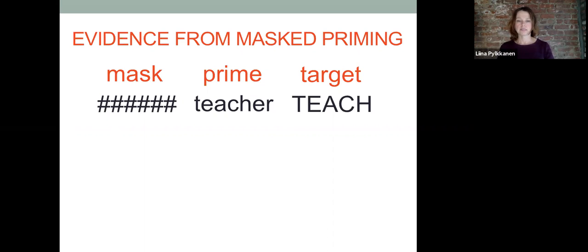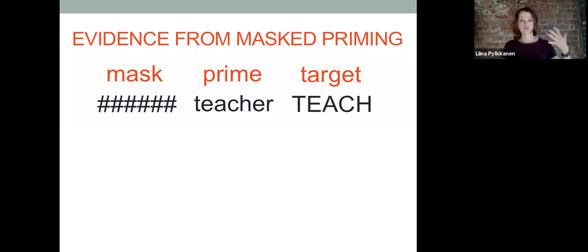So a typical priming paradigm would be one where you first get a mask, and then the prime flickers really, really quickly, and then you see the target, you're able to appreciate the target perfectly fine. It's presented until usually you press a button.